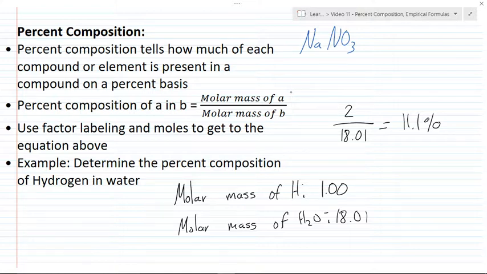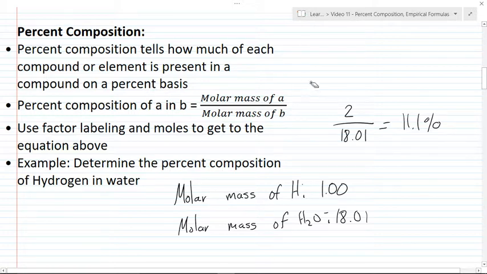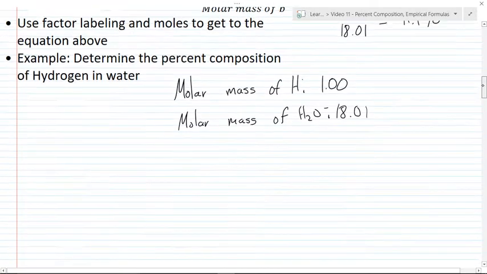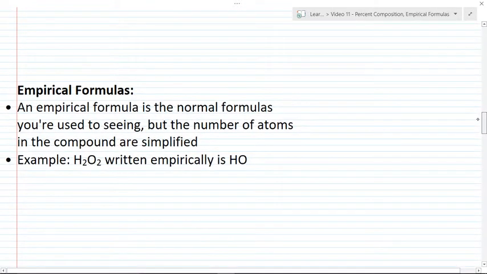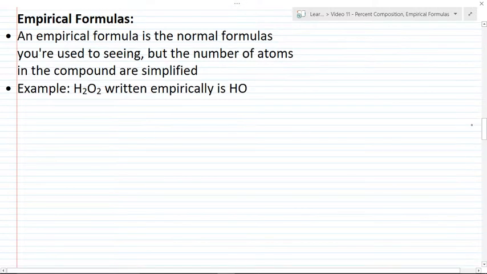To find this, we have to find the molar mass of A and the molar mass of B, and we've already gone over that in previous videos. Again, it's just factor labeling. Pretty much you're just plugging it into existing knowledge.